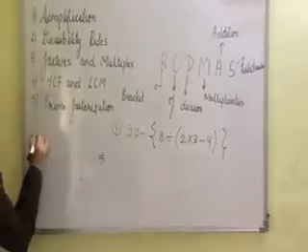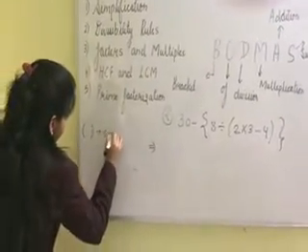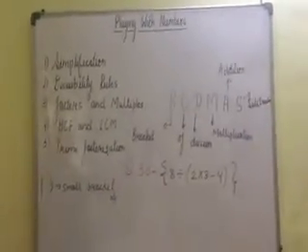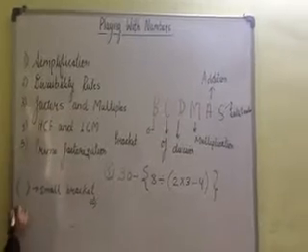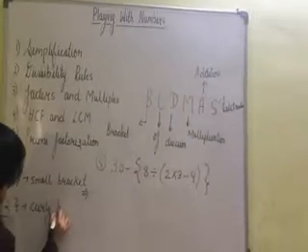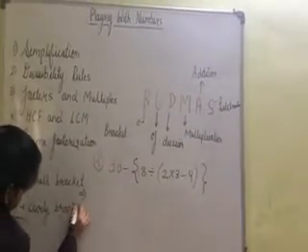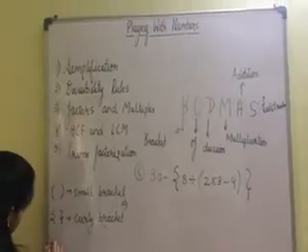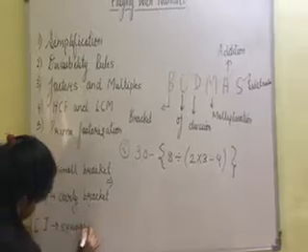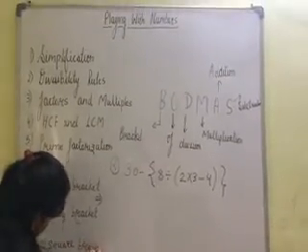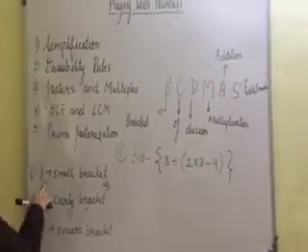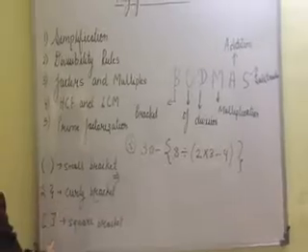This one is the small bracket, which is also known as parenthesis. This one is the curly bracket, which is also known as braces. This one is the square bracket, which is also known as big bracket. And this is the priority to solve the brackets: first you have to solve the small bracket, then curly bracket, then square bracket.